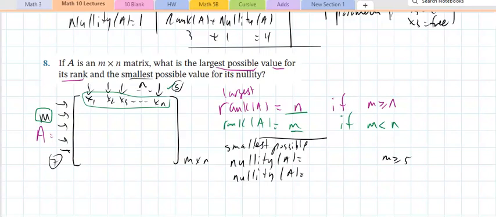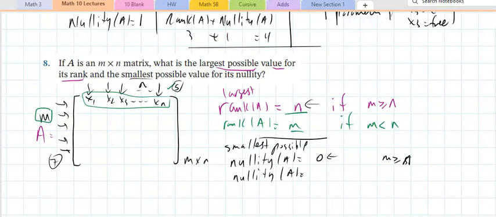So if m is bigger than n, then that would be 0, right? If I have 5 pivots, that means n is 5, and therefore there's no room left for the nullity.